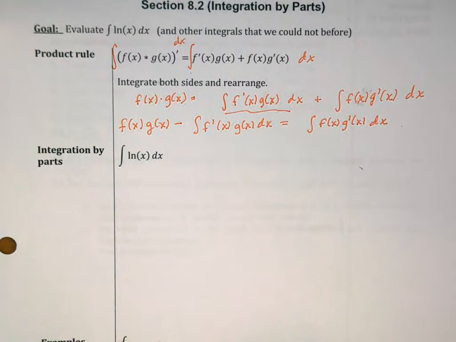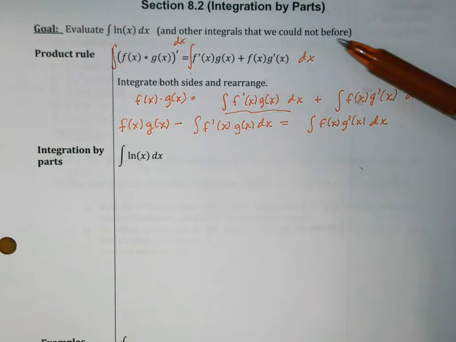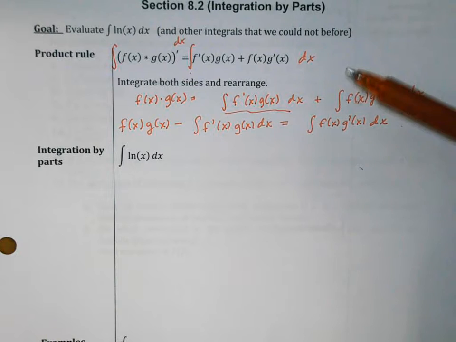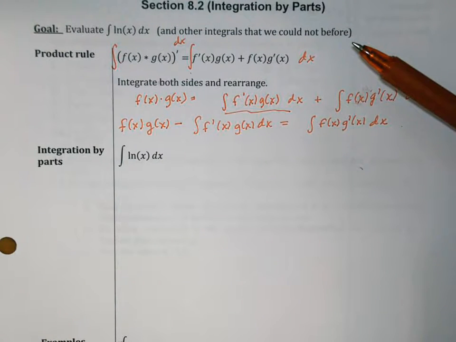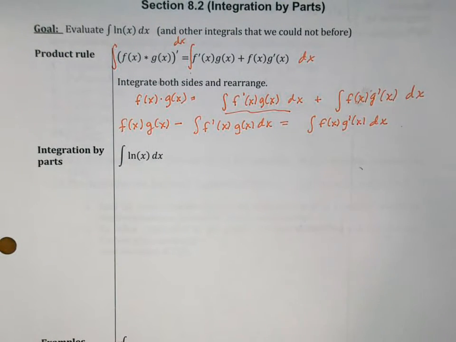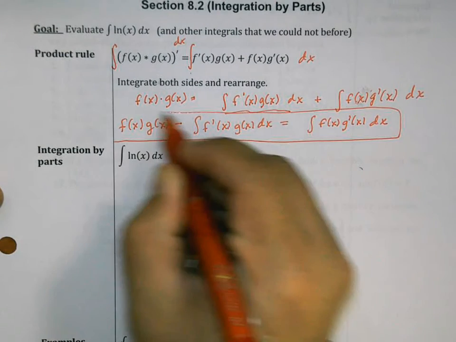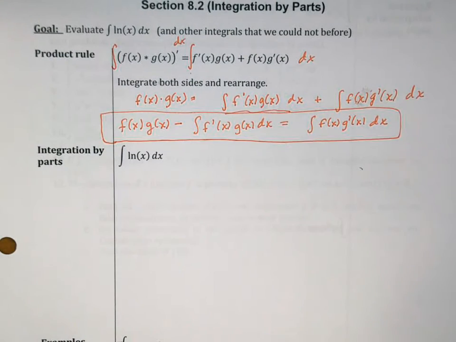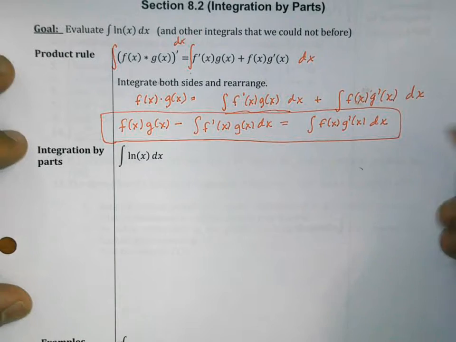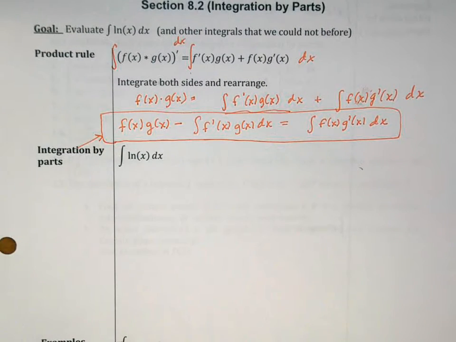Okay. And you can see here all we've really done is started with the product rule, went backwards and took the antiderivative and applied some algebraic properties and just pushed things around, and we get to this result. And this is, I guess, somewhat of a theorem, but we really just proved it, and this is called integration by parts.